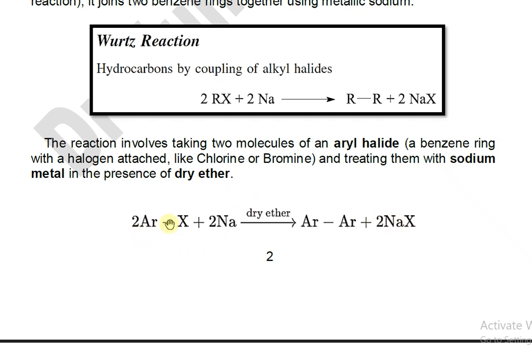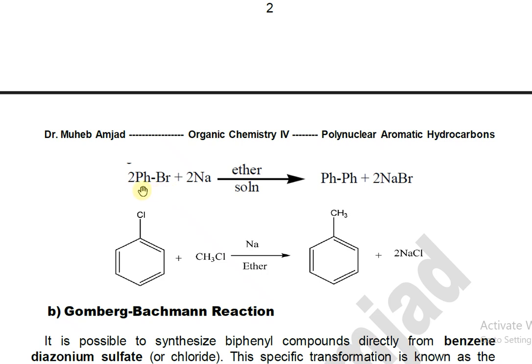We start with two aryl halides, and the aryl parts will be joined to each other to give us biaryl.